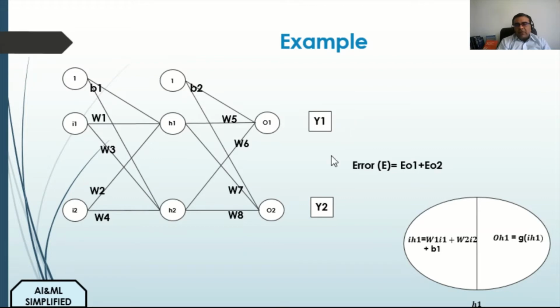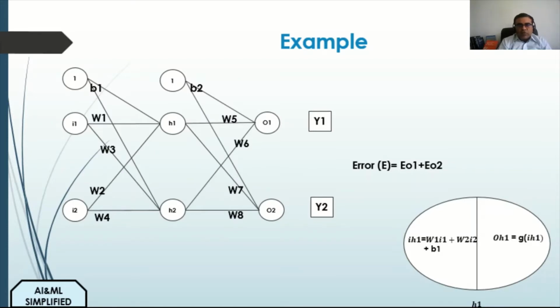Here Y1 and Y2 are the actual outputs, and by comparing O1 with Y1, and the output from node O2 with the actual output Y2, we can compute two errors, that is EO1, which is a comparison of these two, and also EO2, which is a comparison of these two nodes.